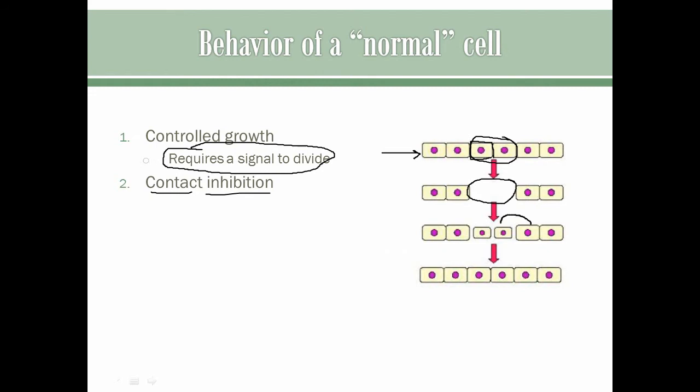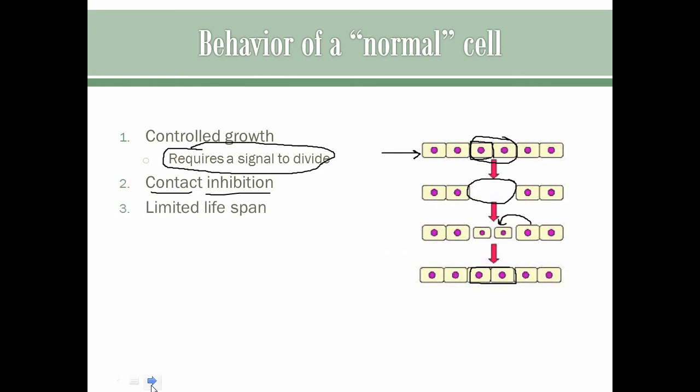Then normal cells are going to divide and fill in that space. And once the space is filled in, once each cell is touching another cell, the cells say, okay, we're good. We filled in the space. No more dividing. Okay, that's what normal cells do. We're going to see how that's different in cancer cells in a little bit.